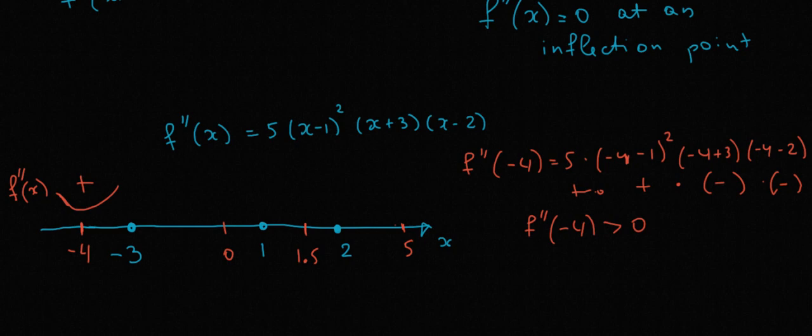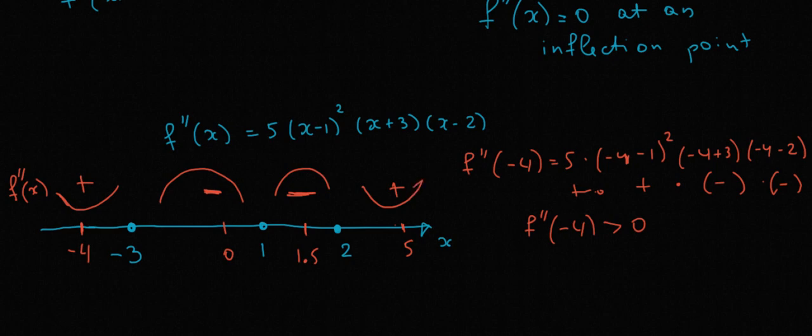If you substitute 0 into the second derivative, the outcome will be negative, and the function will be concave down on the second interval. Then at 1.5 we will have again a negative result. So again the function will be concave down on the third interval. Finally, at x equals 5, we're going to get a positive value for the second derivative, and the function will be concave up again.